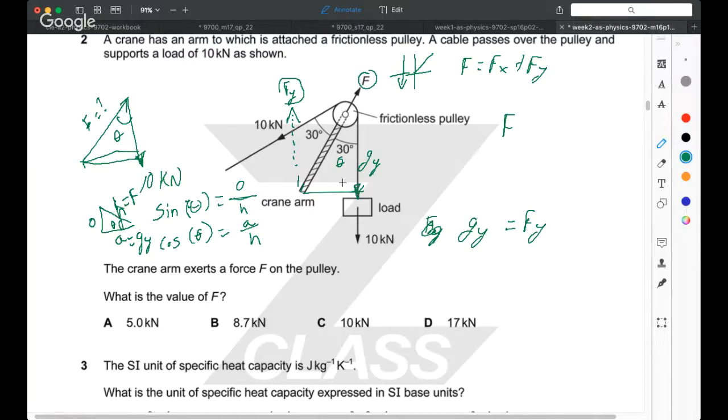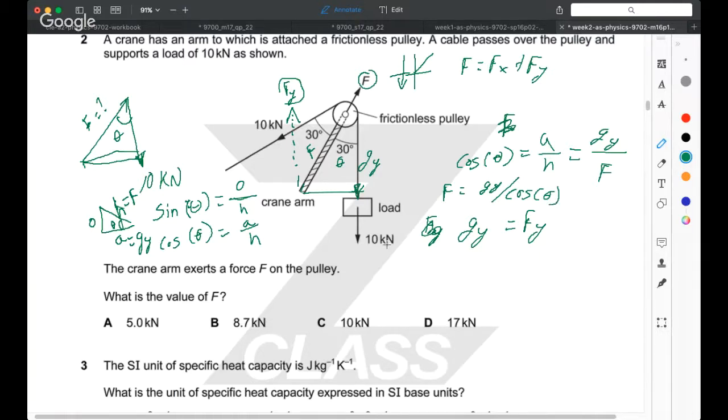So if we say that the cosine of theta is equal to a over h, where a is g of y and h is f, and if I need f, I want to pass it to the other side. Yes, you need to rearrange it. So f is equal to g of y over cos theta.